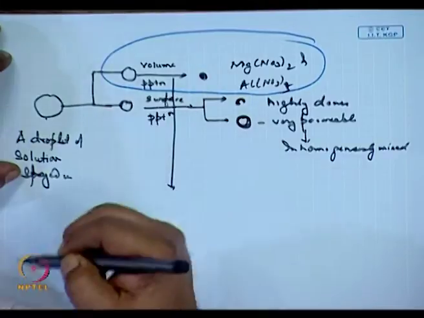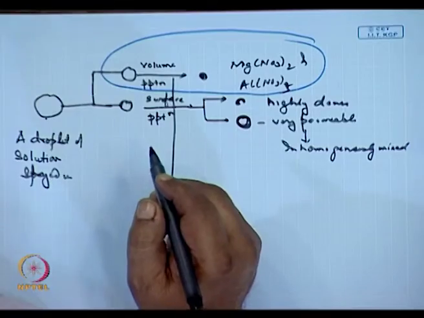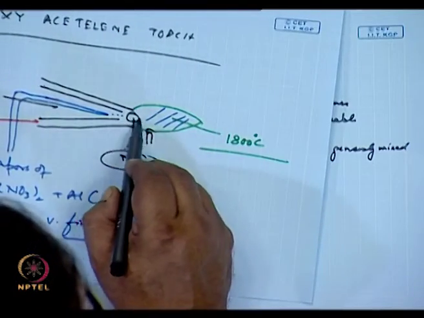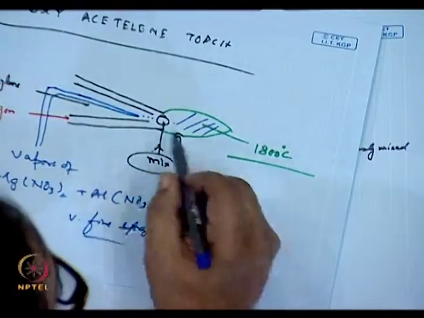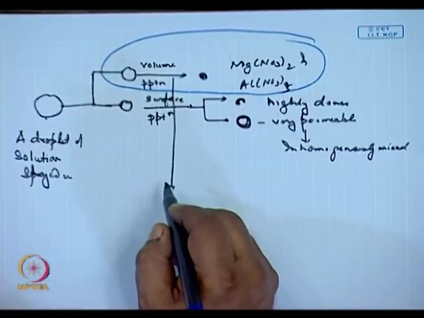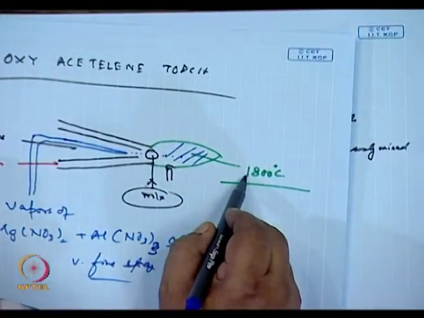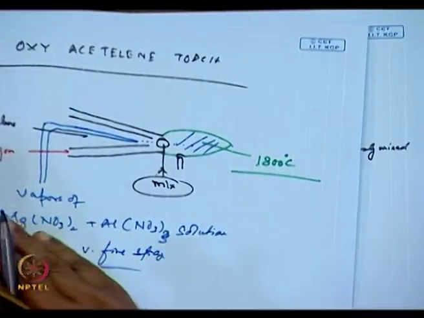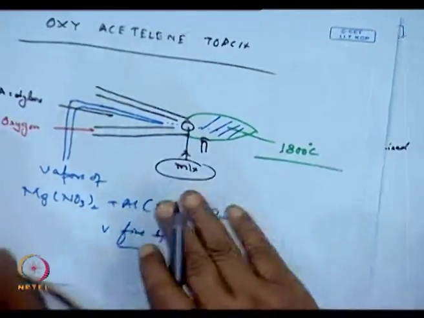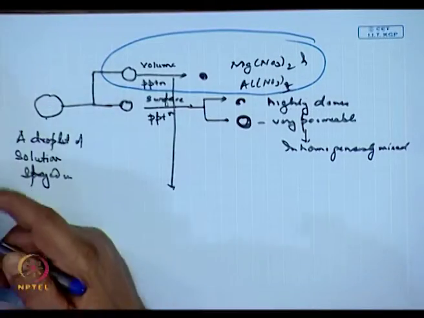If I take this volume precipitation itself, there are two options that are possible, depending on how long these fine sprays are resident over here. You see, even though I am firing this solution into a 1800 degree centigrade flame, so the temperature jump is very high and the evaporation rate is very high, yet two things can happen.